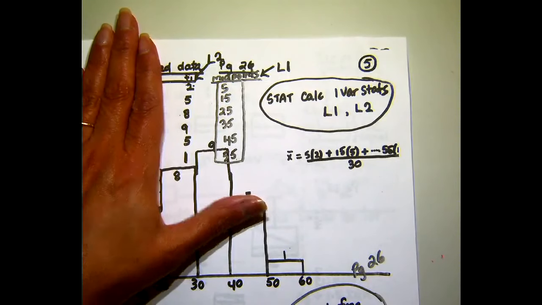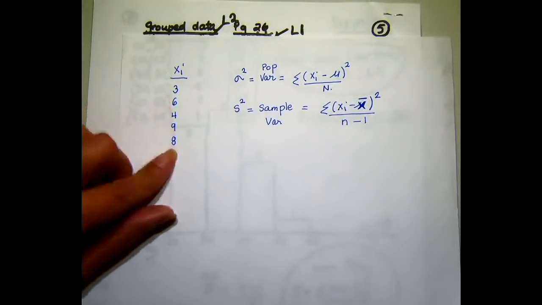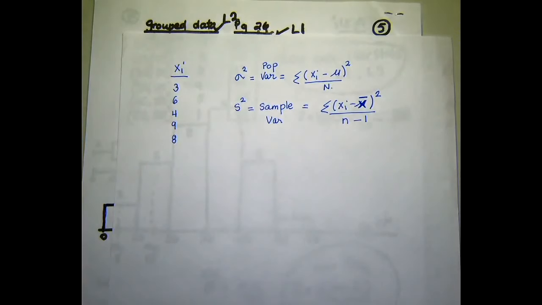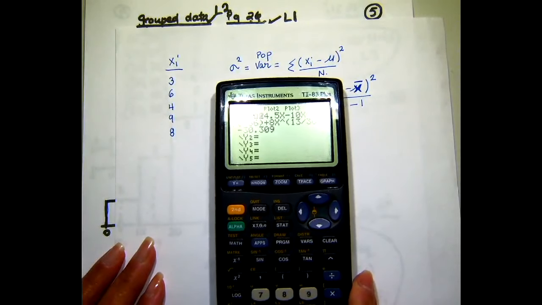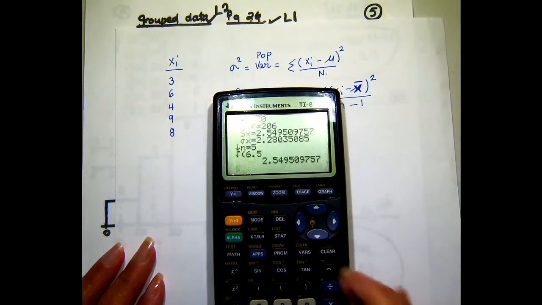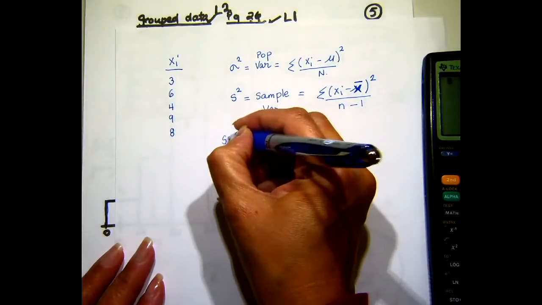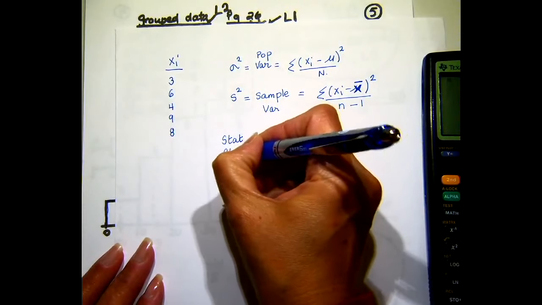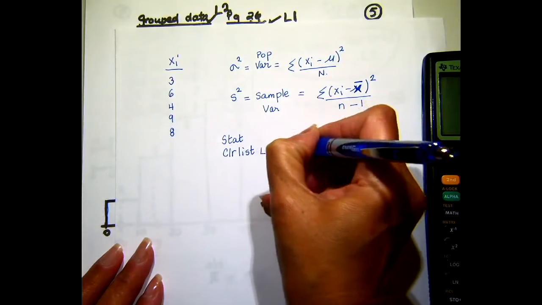No? Let's do this. First, let's take this data set right here and find the standard deviation. So if you could pull your calculator out, please. So first thing I'm going to do is stat, clear list. Clear list L1 and L2.